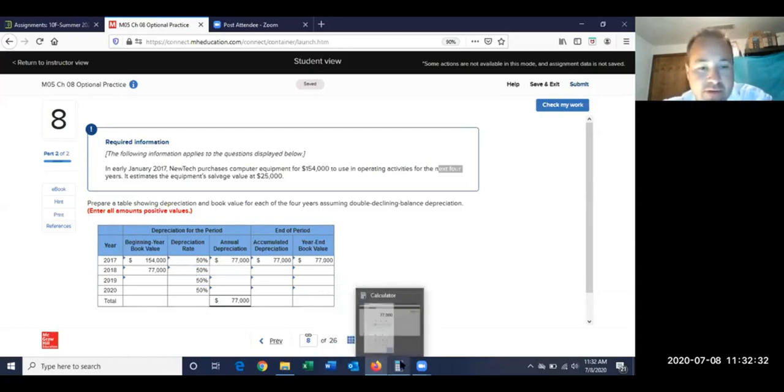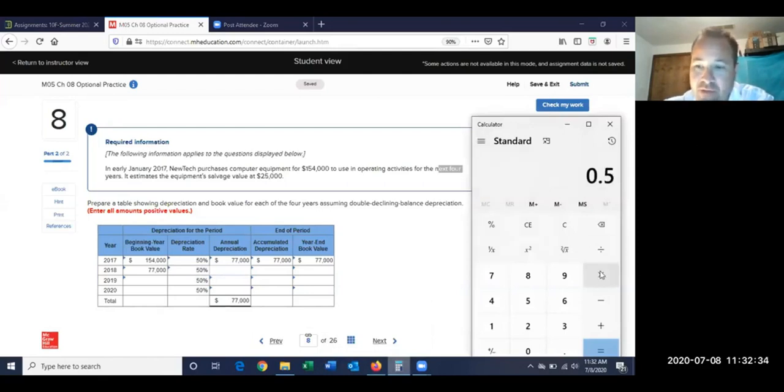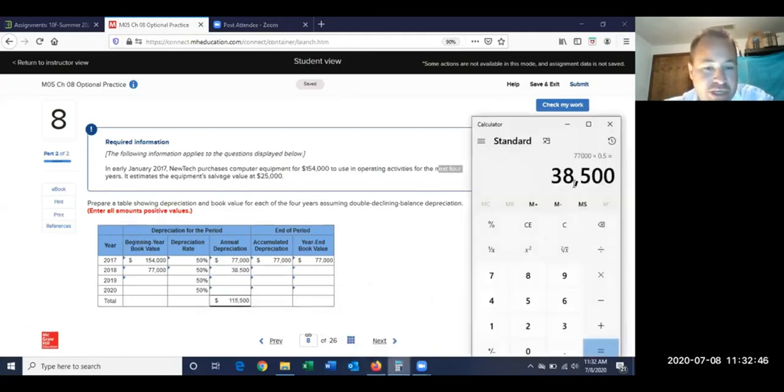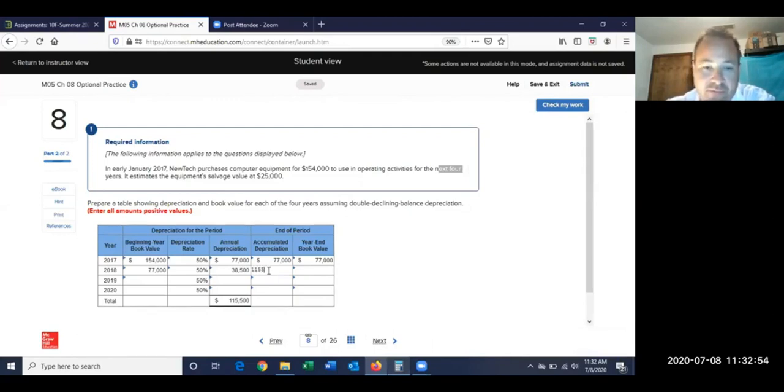I keep using the 50%, so 77 times 50%. I'm going to depreciate 38.5. My accumulated depreciation, take the 38.5 plus my previous 77,000. So I'm at 115.5.